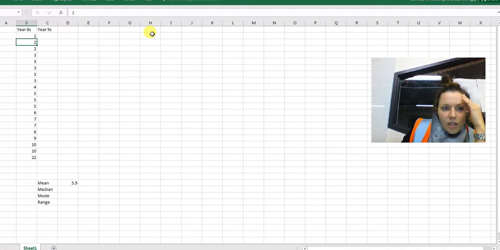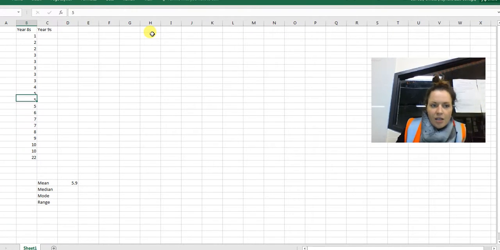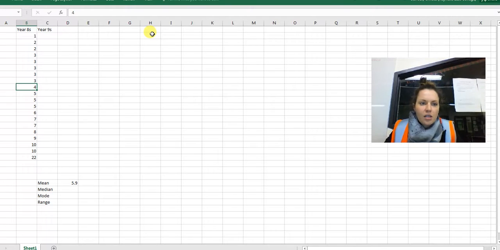So what you're going to have to do here is find your middle number. Now, obviously there are 20 responses here. So 1, 2, 3, 4, 5, 6, 7, 8, 9, 10, 11, 12, 13, 14, 15, 16, 17, 18, 19, 20. So for the two middle numbers of 20, we can't just say it's going to be 10.